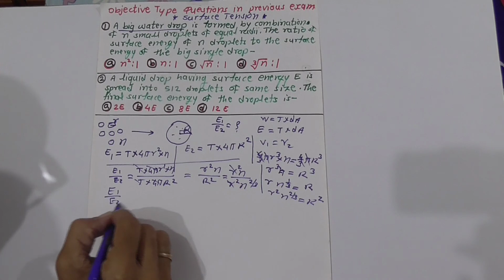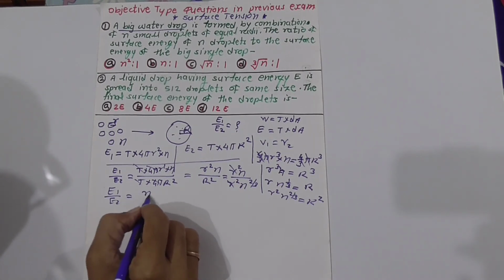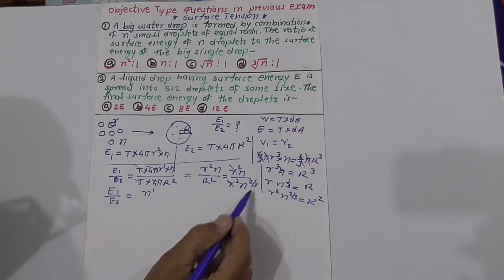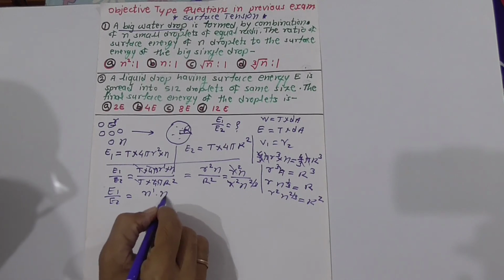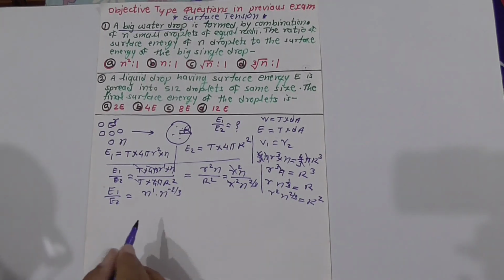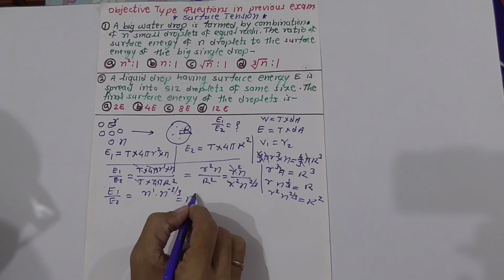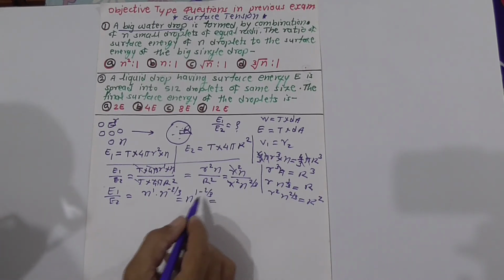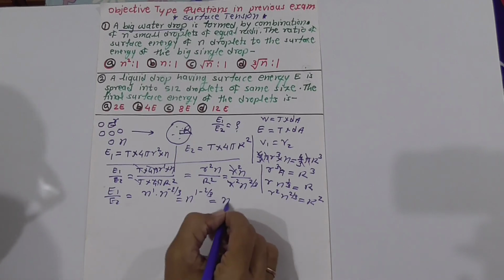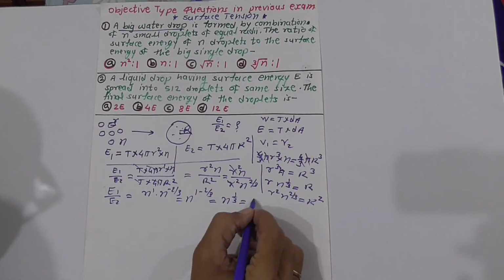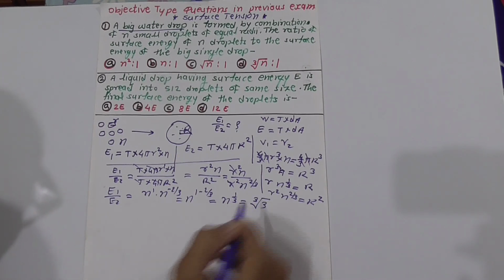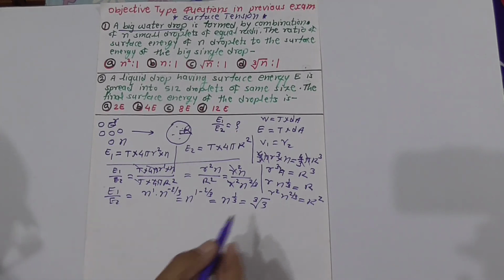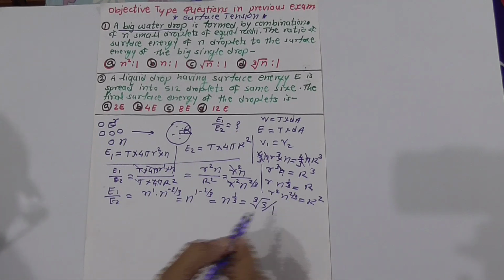Shifting n raised to 2 by 3 to the numerator, it becomes n raised to minus 2 by 3. The total value is n raised to 1 minus 2 by 3, which comes out to n raised to 1/3.